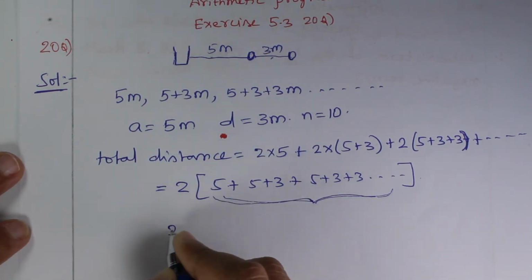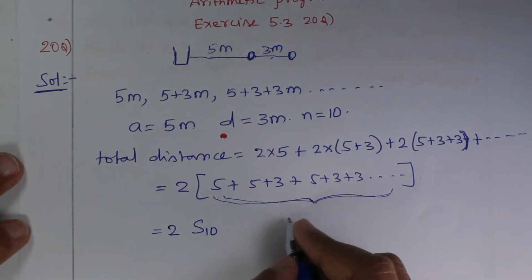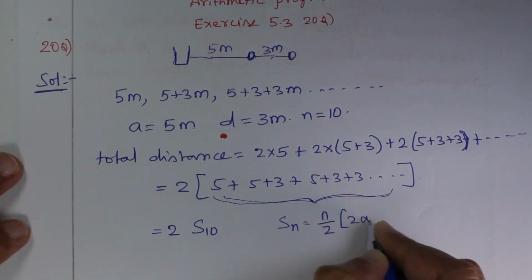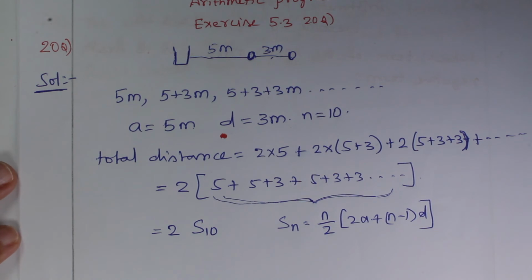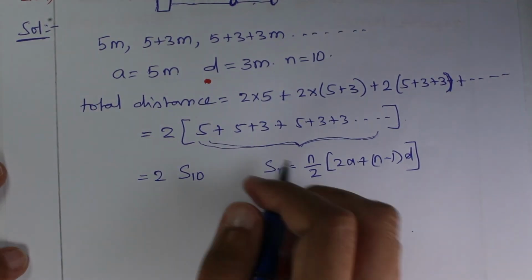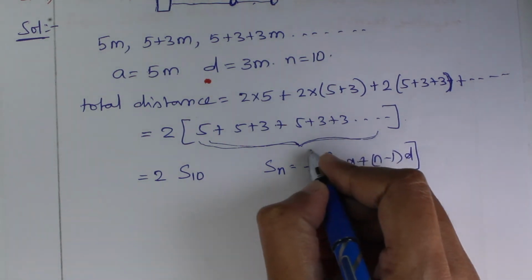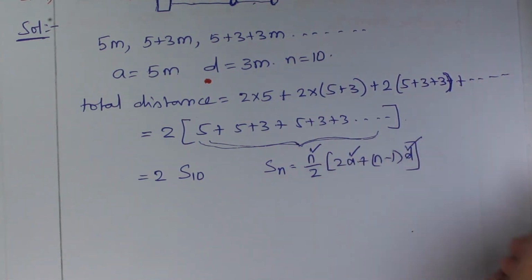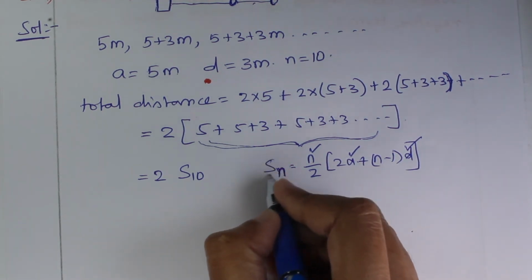So that is equal to 2 into S10. Right? What is the Sn formula? Sn is equal to n by 2 into 2a plus n minus 1 into d. Now we know the formula. n is 10, a is 5, d is 3.